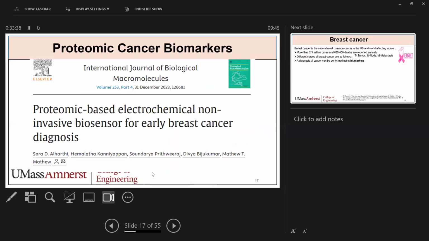We even published a proteomic-based electrochemical, non-invasive method for early breast cancer prediction. And in this work, we used only one protein biomarker, which is ECM1.